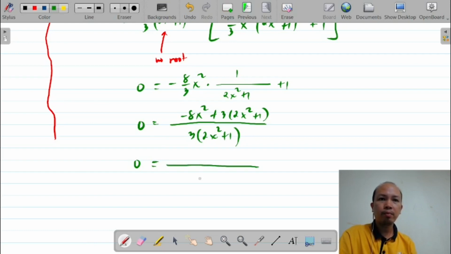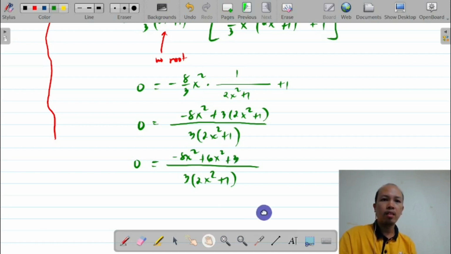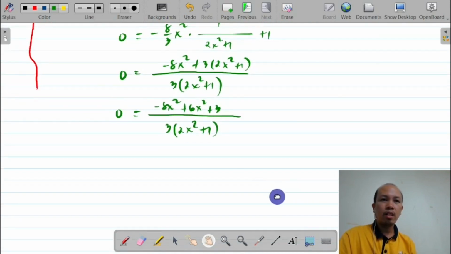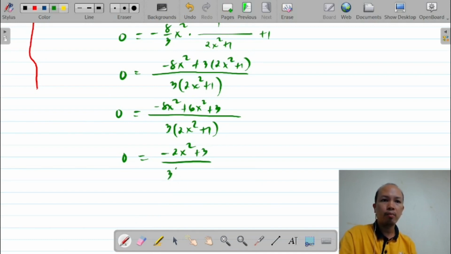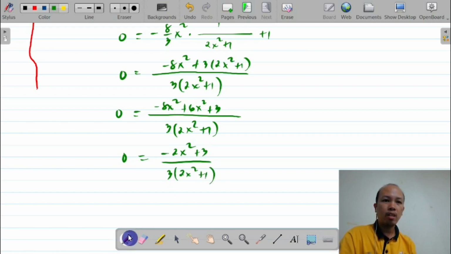Simplify. Again, the denominator does not have a root, so negative 8x² + 6x² + 3. Finally we have negative 2x² + 3 over 3(2x² + 1).